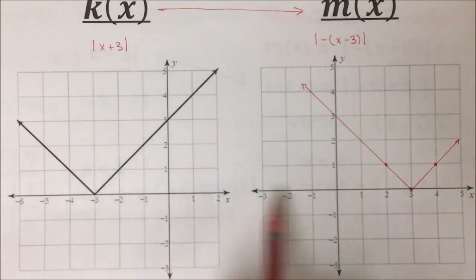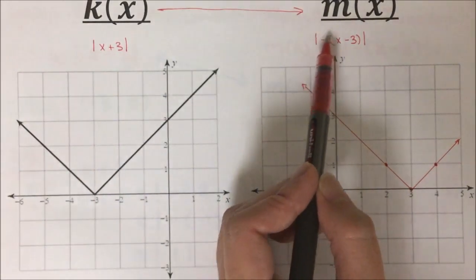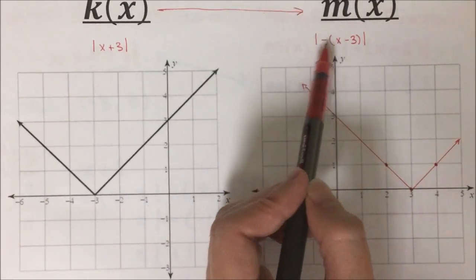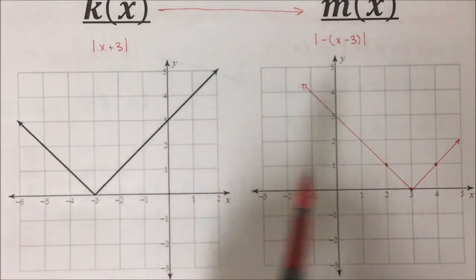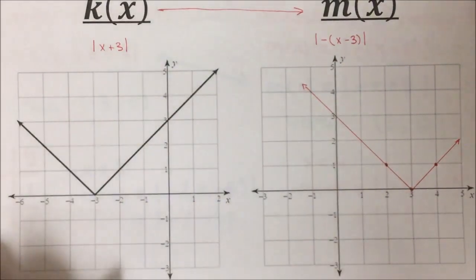So it didn't translate, it didn't move or shift to the right. Again, when there's a negative, that means it's going to be a reflection. So a negative inside the absolute value and in front of x is going to flip or reflect across the y-axis.